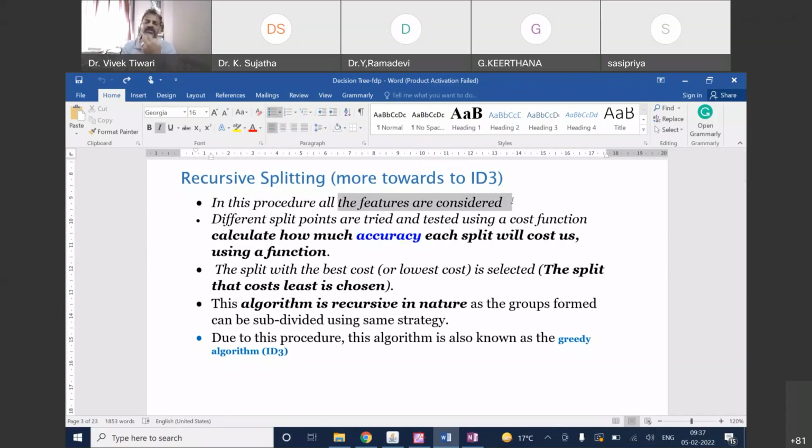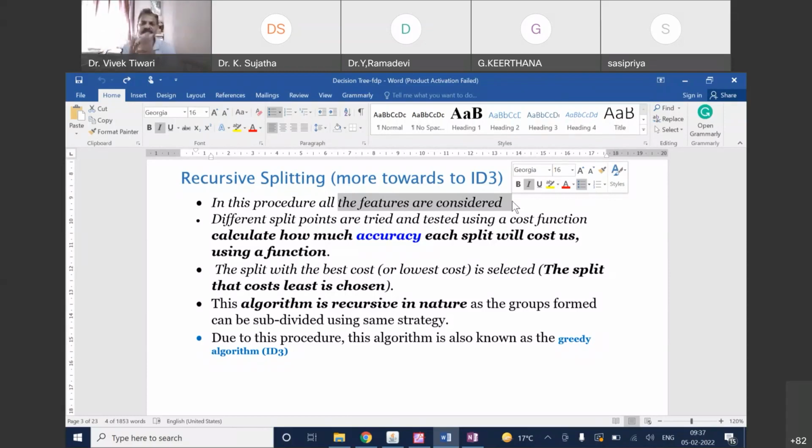You have to consider all the features. All the features are candidates to become the root node, or to become the splitting node, better to say. Initially, and in every step, all the features are candidates to become the splitting node or the root.